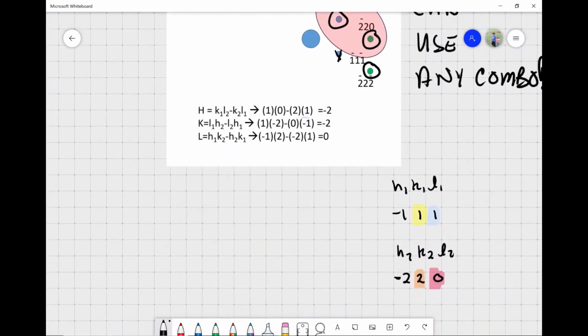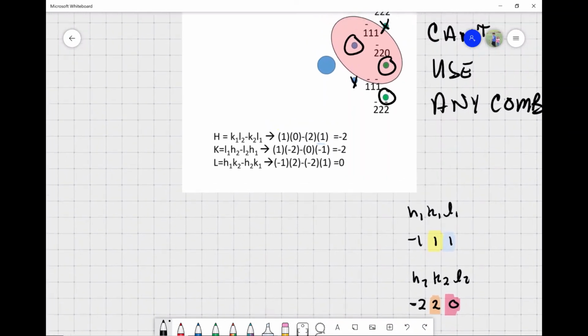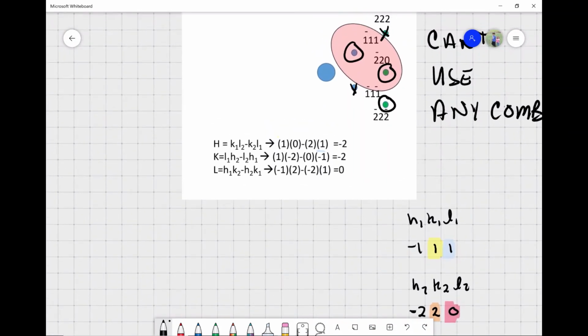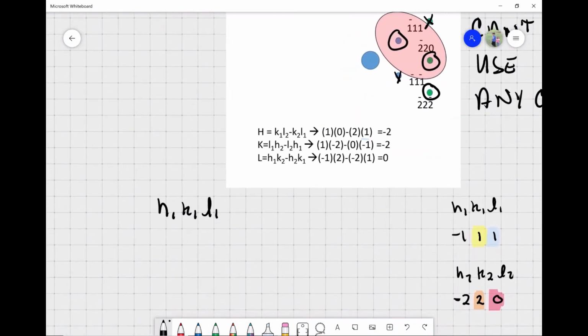And so let's kind of work it out again. So we already did this one. We can do 2, 2, 2, and then I'll do one of these other ones you can't use and show you what you get. So if we're saying H1, K1, L1, and we'll pick negative 1, 1, 1 again. Okay, and H2, K2, L2, let's do negative 2, 2, negative 2.